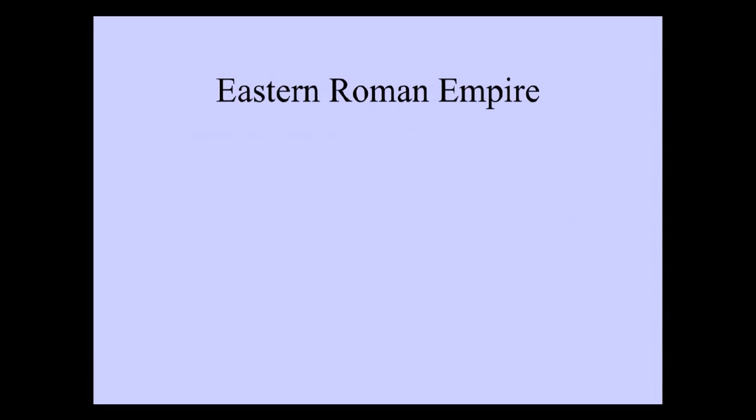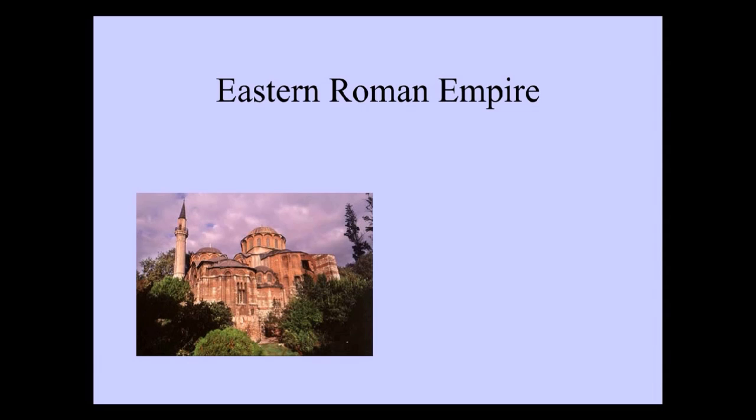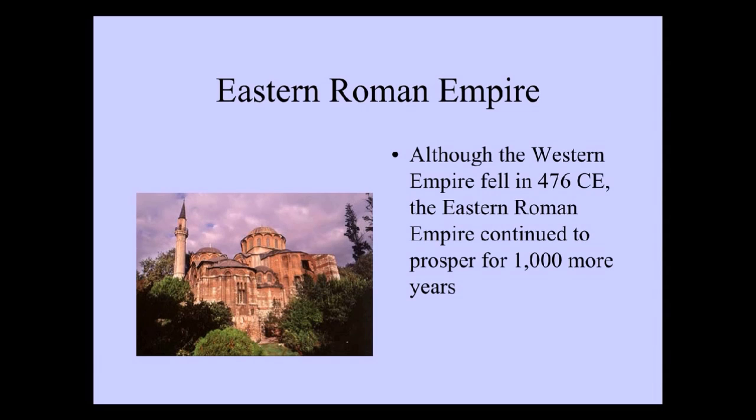The Eastern Roman Empire. So the West falls, the East continues. When we say Rome fell, we mean the Western Roman Empire. The Eastern Roman Empire is going to go on for another 1,000 years. It is not going to fall completely until the year 1453, when the Turks take over.